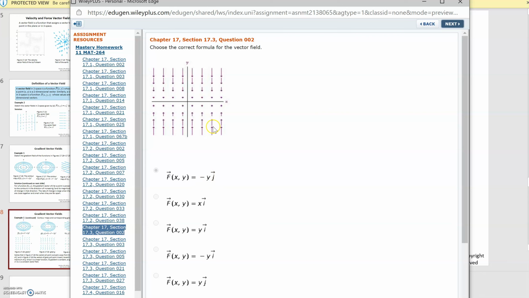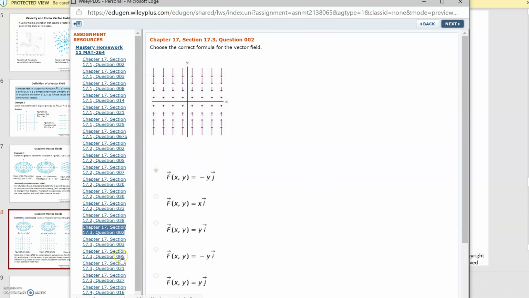So that makes sense for all the y's that are below the x-axis to be going towards the x-axis, because you plug in a negative number for the negative y here, you're going to get a positive. So it's going to be increasing to x. And just like if I plug in any positive number above the x-axis, then I should be getting a negative number that will make it converge to the x-axis here. So that is why this one is correct.